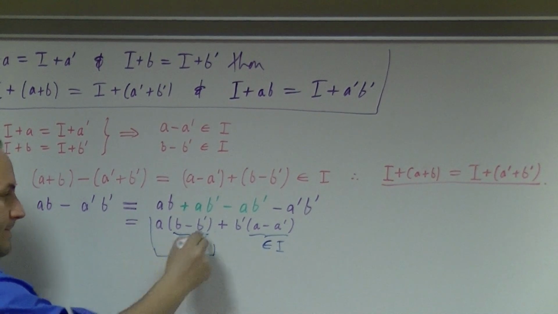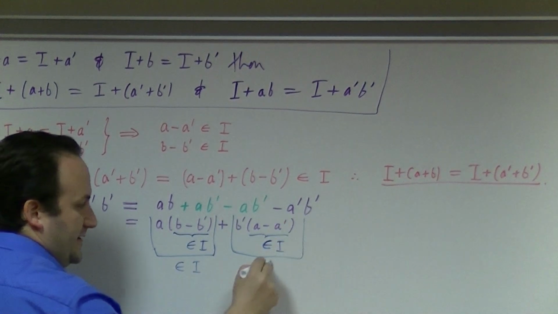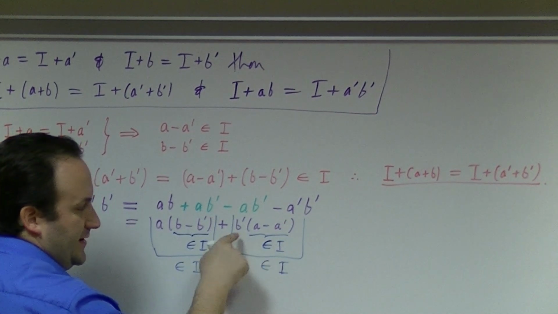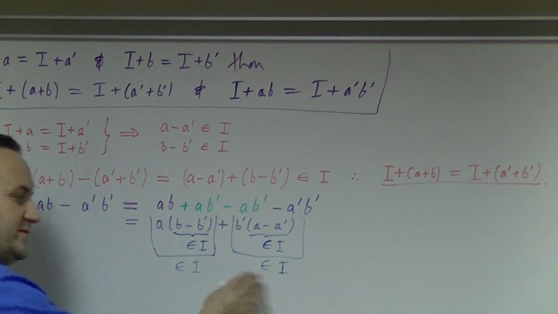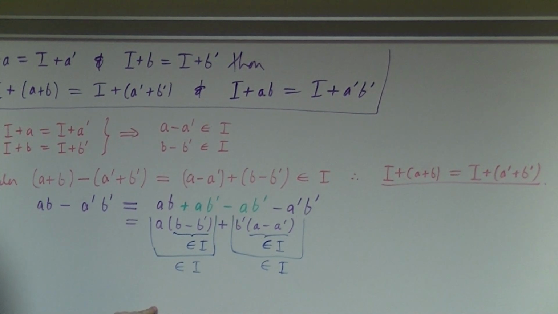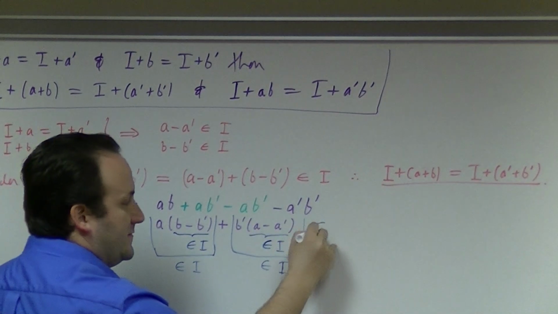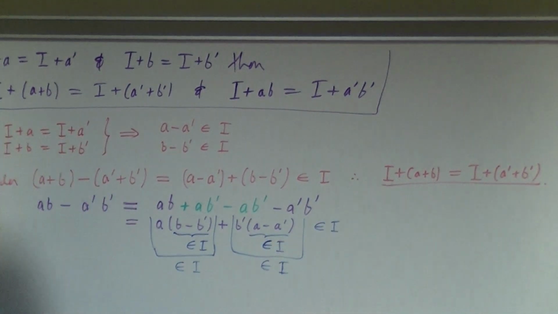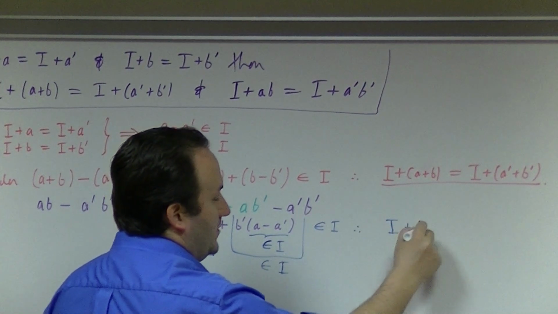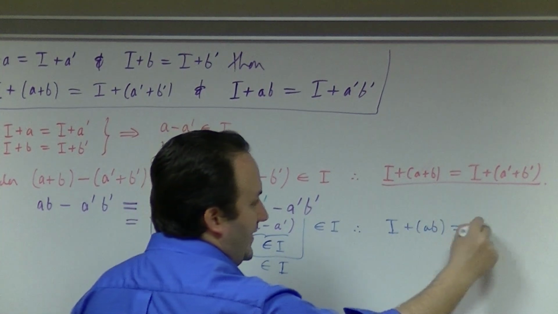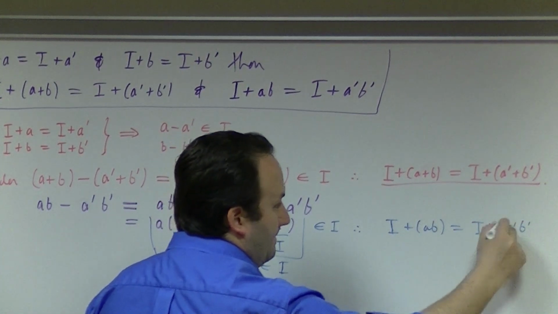Again, we have a sum of two things in the ideal. Therefore, this is also in the ideal. And so we have proved that I plus AB is equal to I plus A prime B prime.